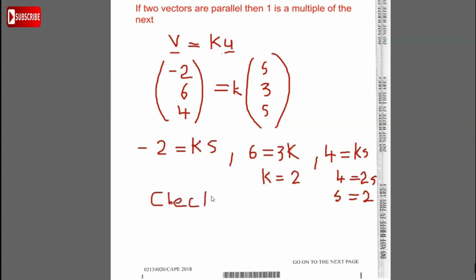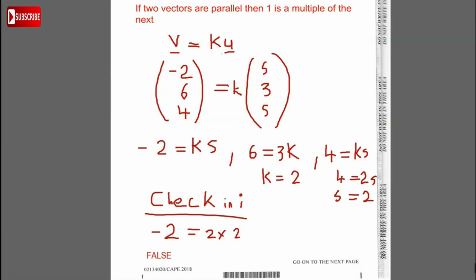If you plug in k as 2 and s as 2, you're getting minus 2 is equal to 2 times 2. But 2 times 2 is not minus 2. So this is false. This is not true.